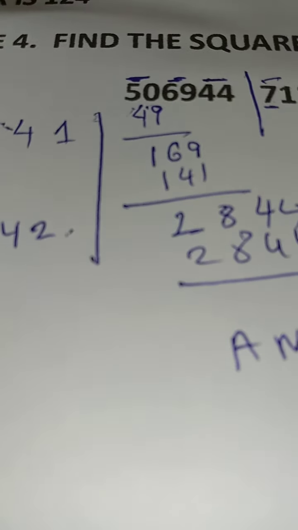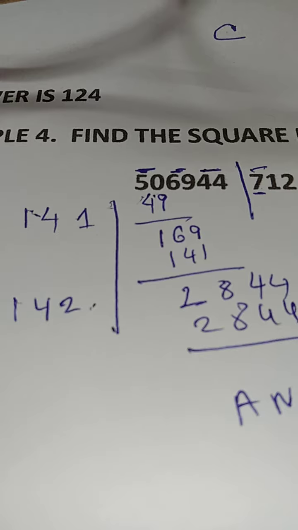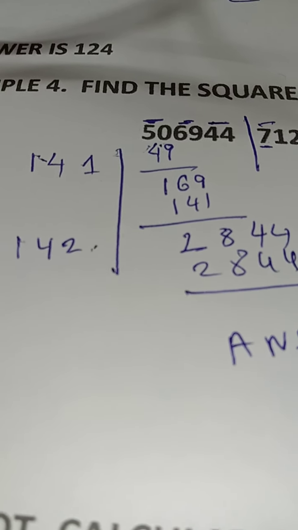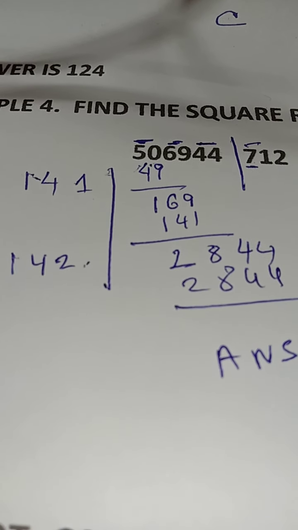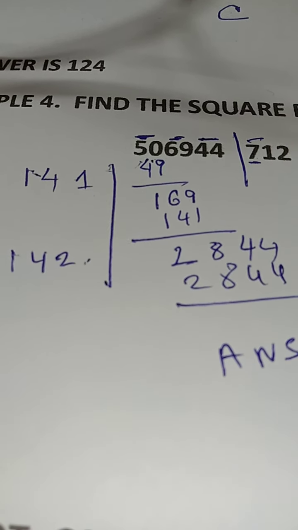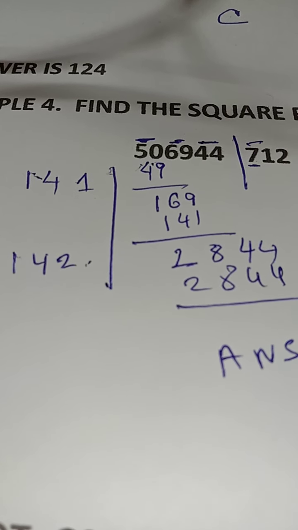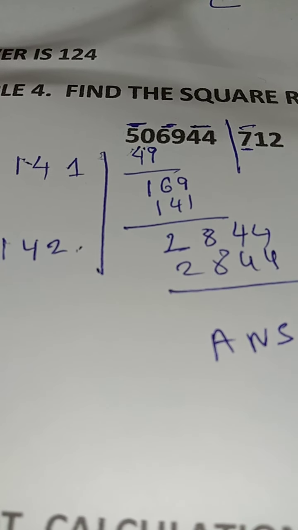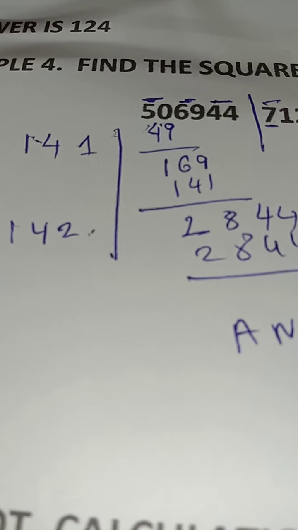Now we subtract, it is 28, and here we must put a number, a 71. You double the 71, like you double 7 to get 14, you double 71 to get 142, and it should be as close as possible.